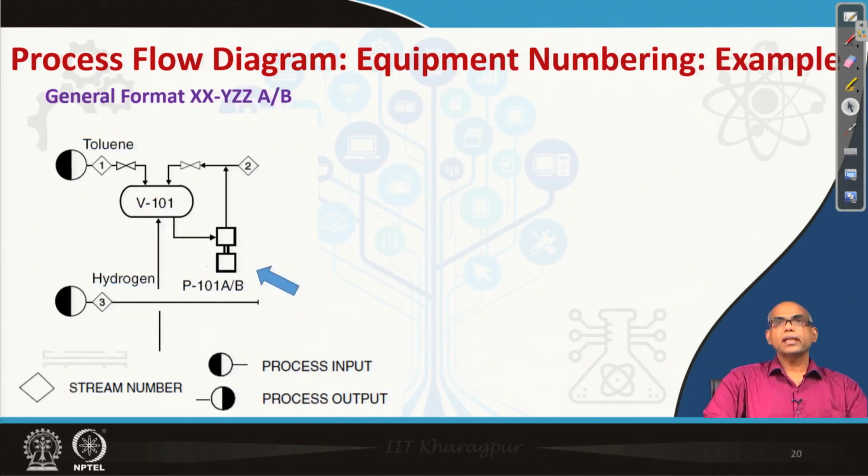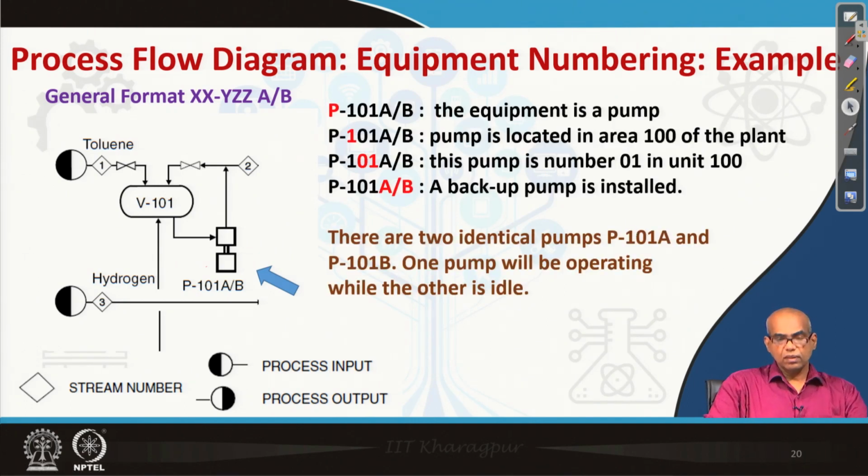Now, let us take an example to understand it better. What you see is a part of a process flow diagram. Let us look at the equipment P101 A/B. What does it mean? The letter P means the equipment is a pump. The 1 of 101 means the pump is located in area 100 of the plant.